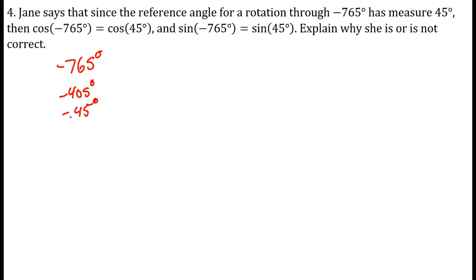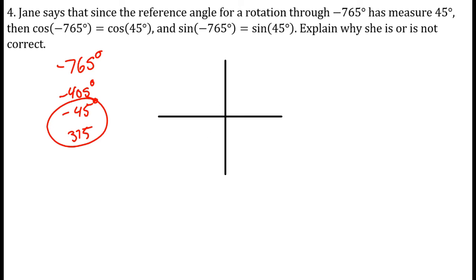Maybe you could work with that, but I like working with positive angle measures. I get 315. So from one of these two, you could have at least made the sketch on the unit circle, where you had to spin negative 45 degrees, or you had to spin 315 degrees. Your choice there.